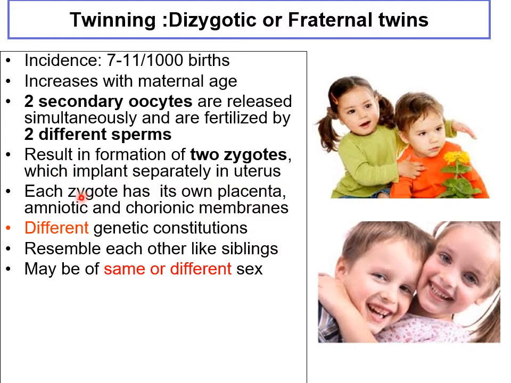So each zygote, it's like two pregnancies happening at the same time. Each zygote has its own placenta and membranes, right? They will have slightly different genetic constitutions. They will resemble each other just like any brother or sister, and they can be of the same or different sex. So they're not identical twins. That's why they're called fraternal twins, and this pregnancy is called dizygotic twin pregnancy.